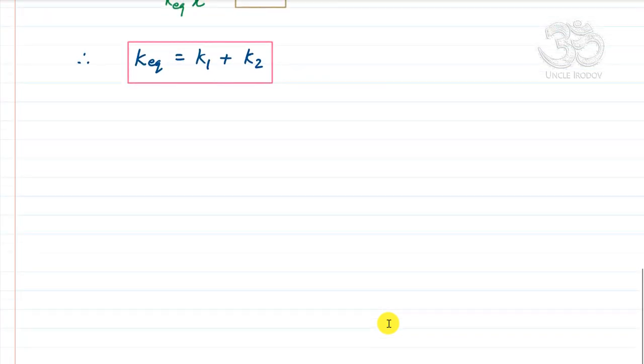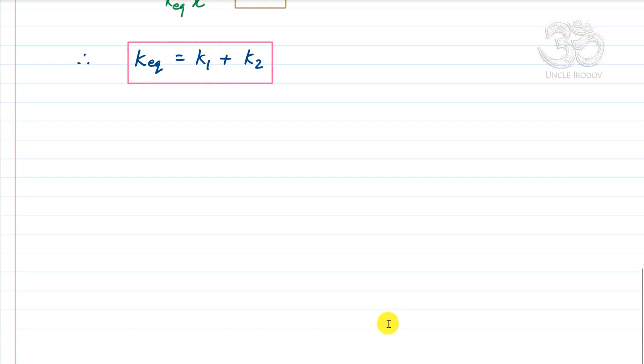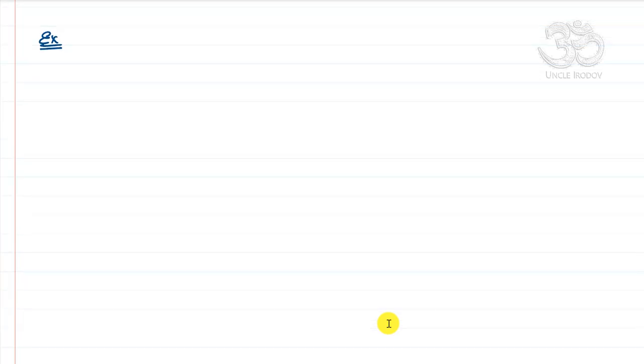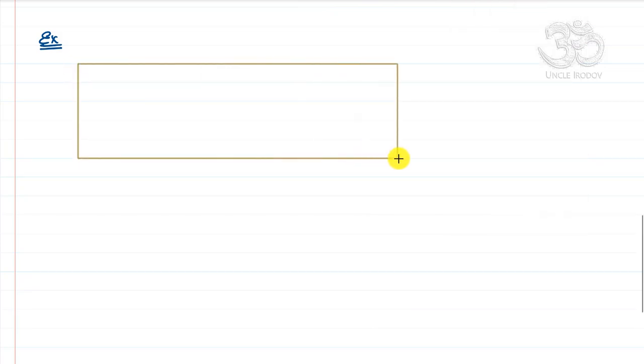A follow-up problem can be a very simple extension of this. What if you have got a system of 3 springs? Let's say you have got an arrangement like this, where you don't have the top surface, and you've got a block somewhere that can move around.